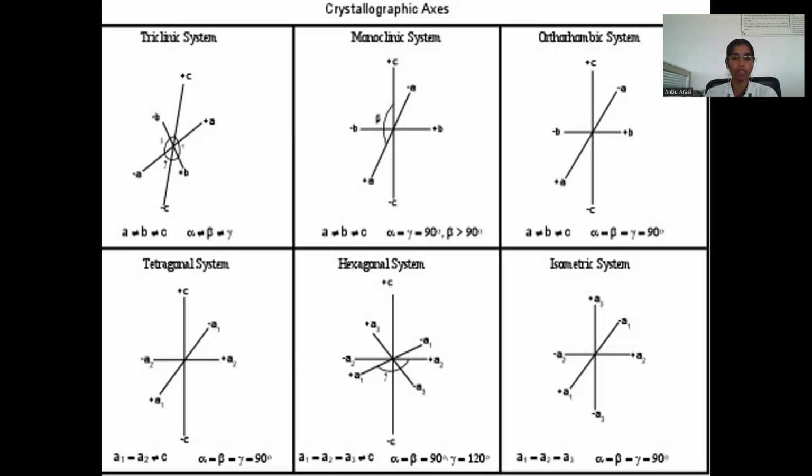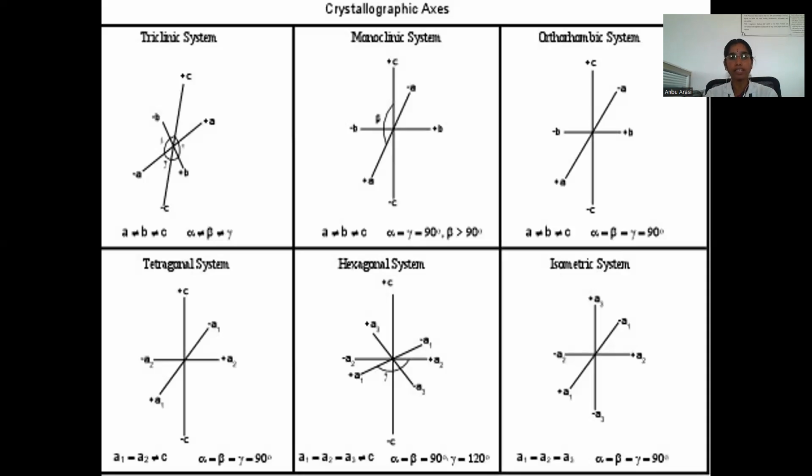That is A1 equal to A2 equal to A3, but these 3 are not equal to C. And then alpha and beta are equal to 90 degrees and gamma is equal to 120 degrees.